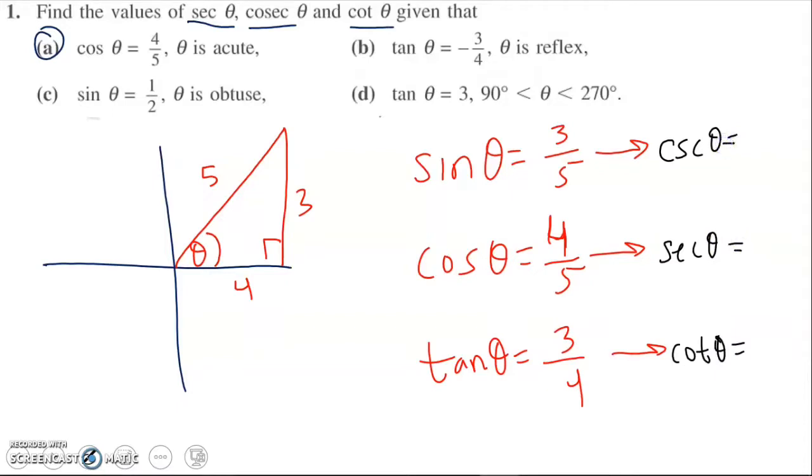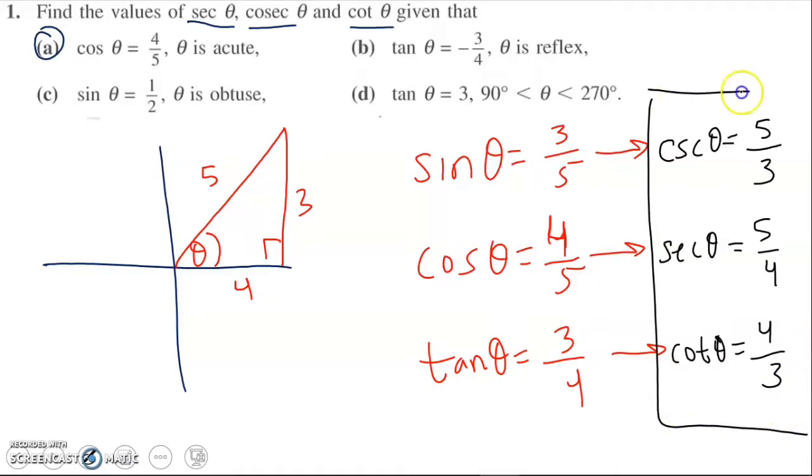Let's start with cosecant. With sine we have 3 over 5. The inverse of that would be 5 over 3. The inverse of cosine would be 5 over 4. And finally, the inverse of tangent would be 4 over 3. So here are the following answers.